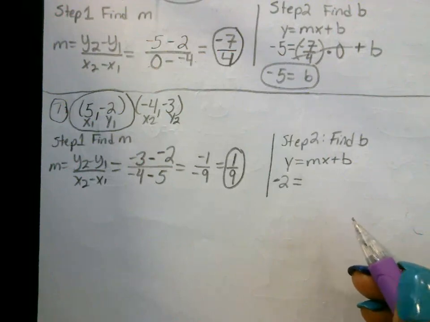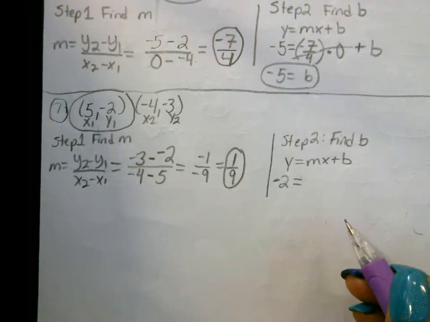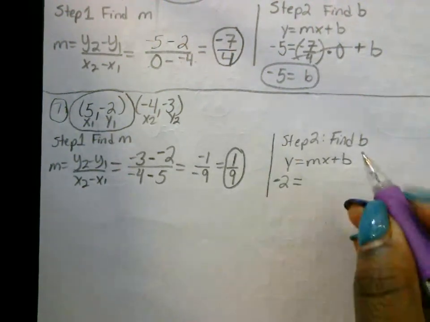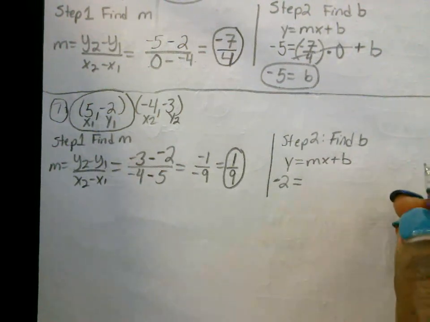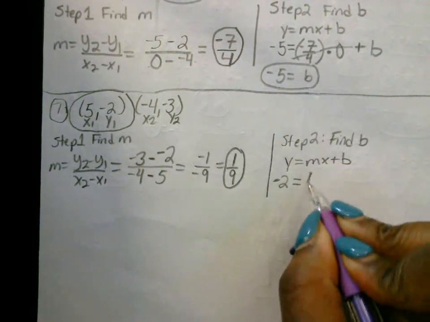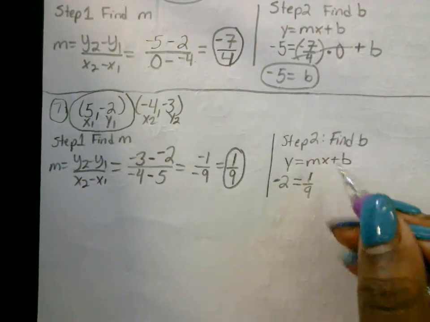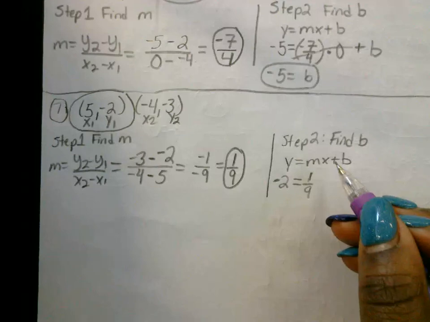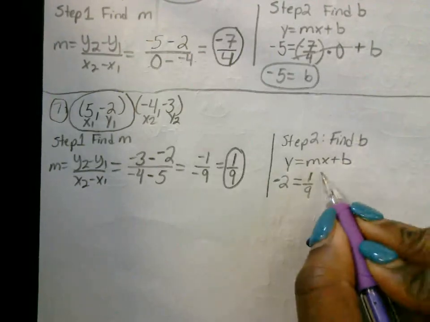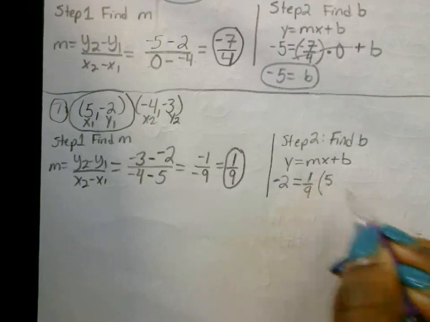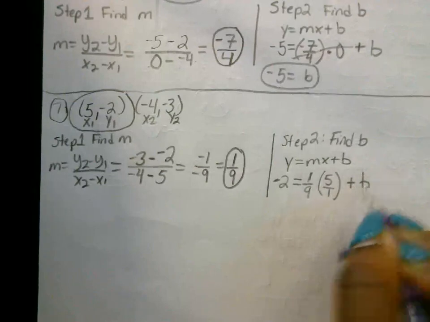What was m equal to? Paige? 1/9. What are we going to plug in for x? Yes, Riley? 5. How do we write 5 as a fraction? 5/1. Bring down the plus b.